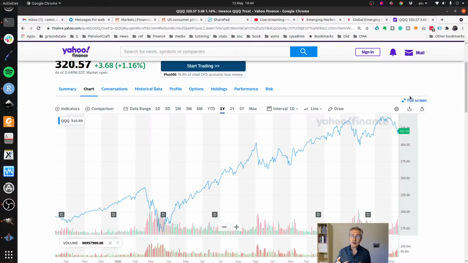So you could own QQQ, so you own the ETF, but then you have a call option which kicks in above 350, which means that you don't participate in any of the upside above 350. You've sold the upside because you didn't believe it would happen. Now, someone else will buy that option from you and pay you something for it because they believe it will happen.